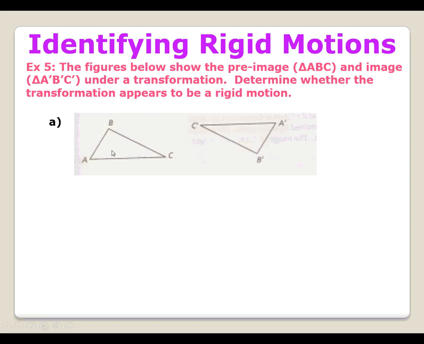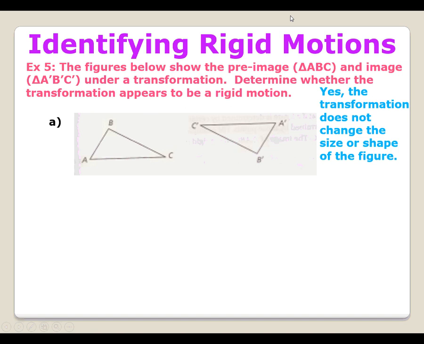Did it change shape or size when you went from triangle ABC to its image? It did not change shape or size. So when it does not change shape or size, then it is a rigid motion. So this one, yes, it is a rigid motion because the transformation does not change shape or size. So on your paper, you will write that right beside that picture.